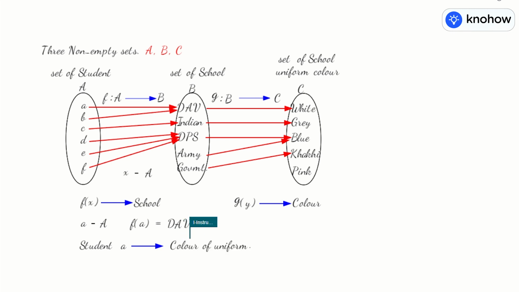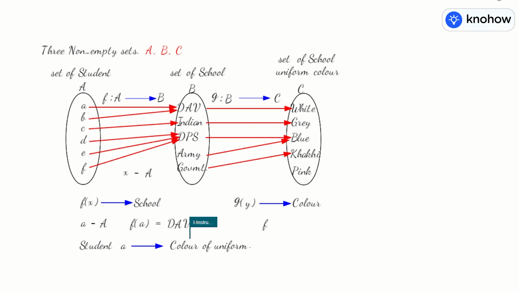If I just ask somebody, what is the color of your child's uniform? Or ask a third party, he may answer if he has some knowledge of the color of the uniform of different schools, and in which school the student is studying. So first of all, you need to know in which school he is studying.